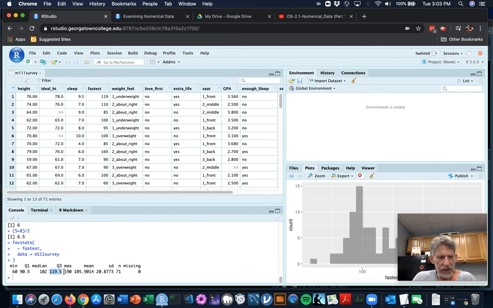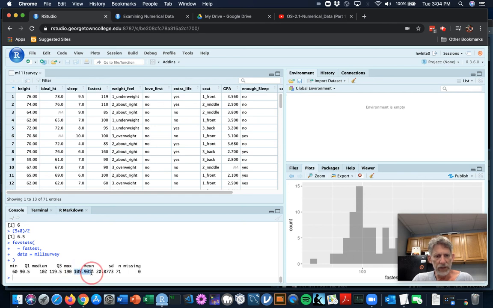The fastest anybody drove was 190 miles per hour. Those five numbers there, the minimum, the first quartile, the median, the third quartile, and the maximum, are often called the five-number summary for a data set.